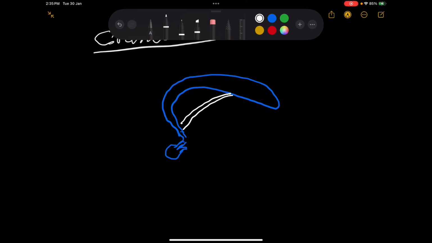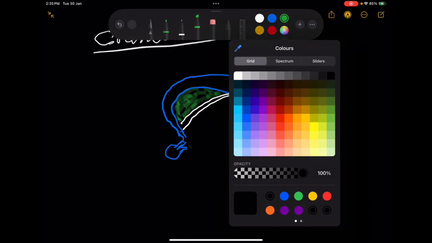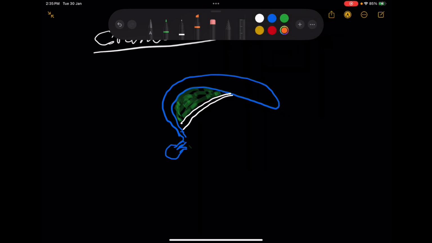We are on the medial side of the thalamus, and we'll put a septum between the fornix and the corpus callosum, which is called the septum lucidum. Okay. Then we'll see the thalamus here.